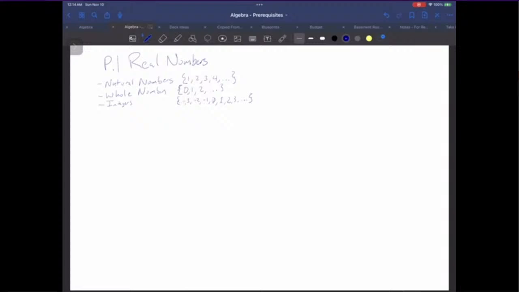You have the set of rational numbers, which are numbers that can be written as fractions.